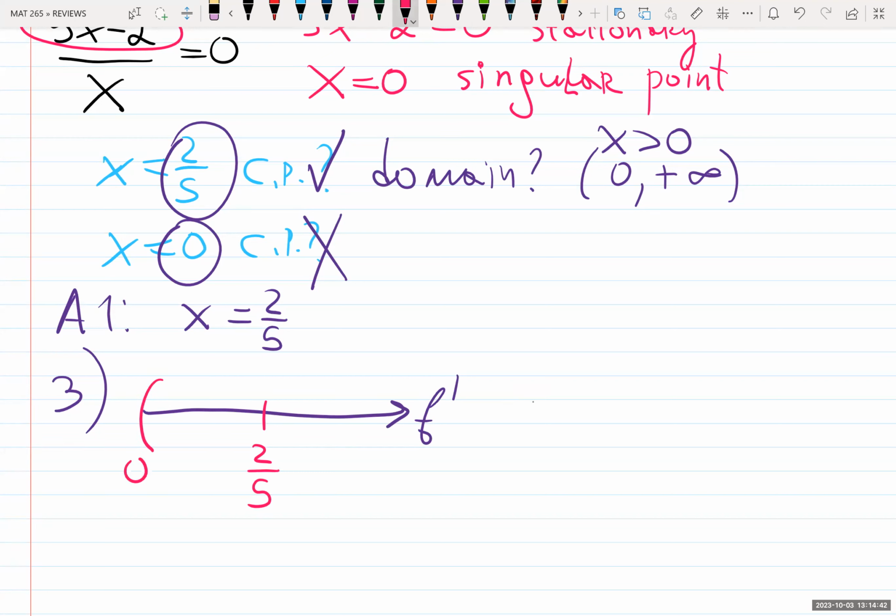Don't go to the left more than 0 because there's a restriction on the left, and you don't use 0. So it's a test point. And I use some test points. 2/5. Is it bigger or smaller than 1? It is smaller. So I will use 1 on the right. And then I will use 0.1, for example. Again, I don't have to have exact numbers. I just want to know the sign, positive or negative.